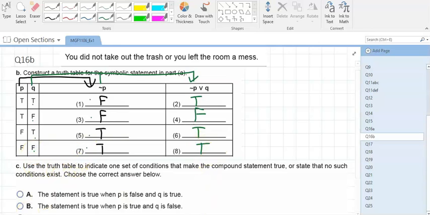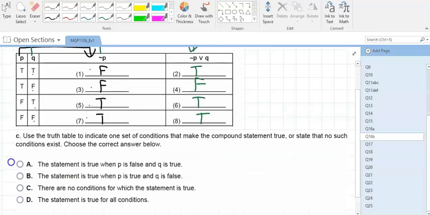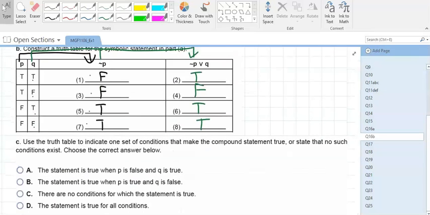All right, so down here it says use the table to indicate one set of conditions that make the statement true. Well, we have lots of conditions up there, right? We just need one of these down here to be the answer. So you could talk to me about this one, this guy or that guy.